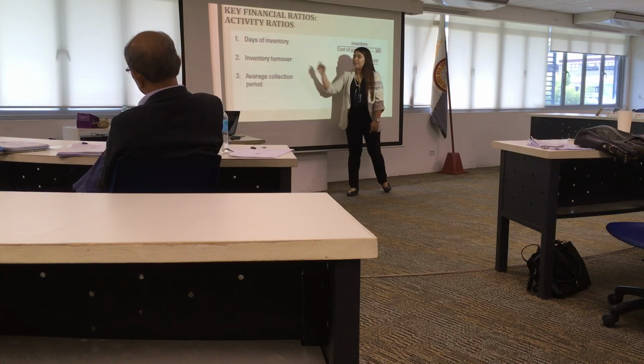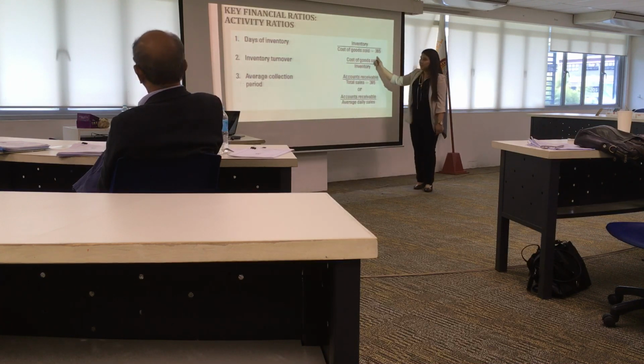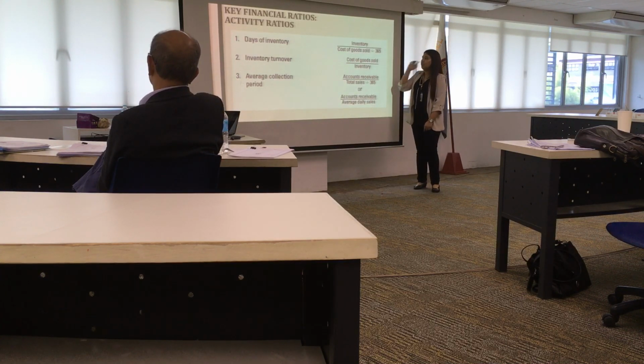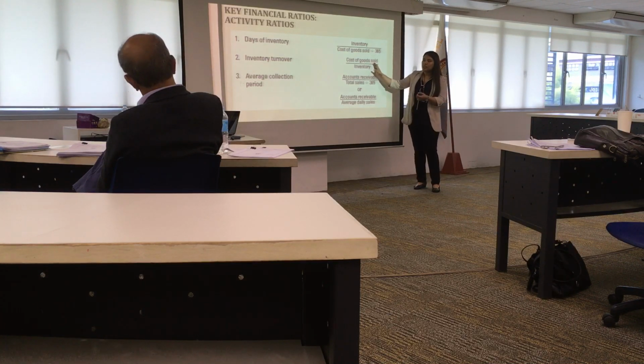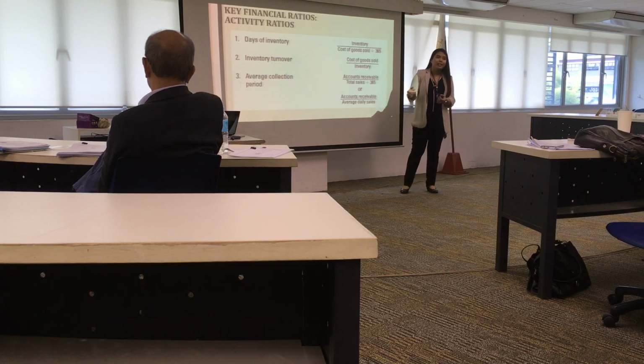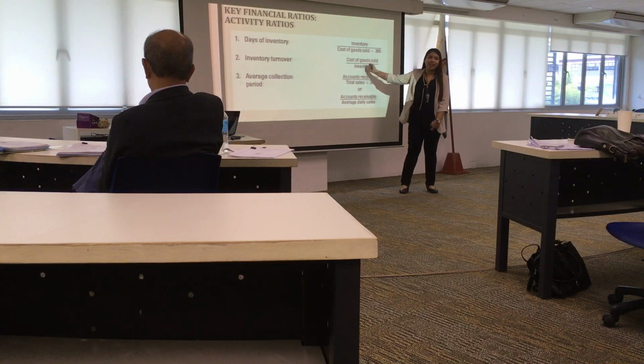Alright, last, inventory turnover. How do you compute the inventory turnover? Cost of goods sold over inventory. It tells you how many times the inventory will be sold during the accounting cycle. So if your answer for this one is, for example, 200, it means you were able to use your investment 200 times to have a sale, corresponding to 200 transactions.